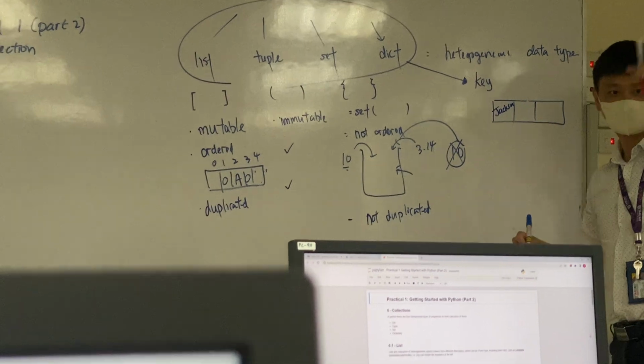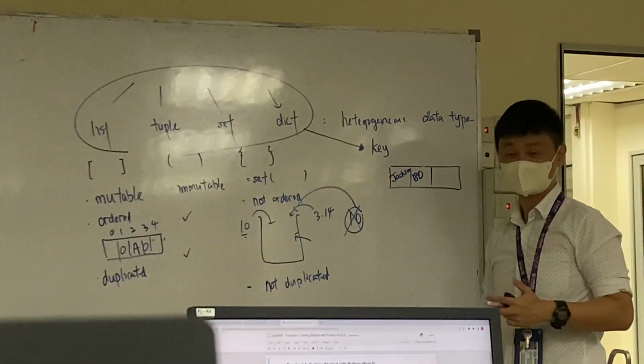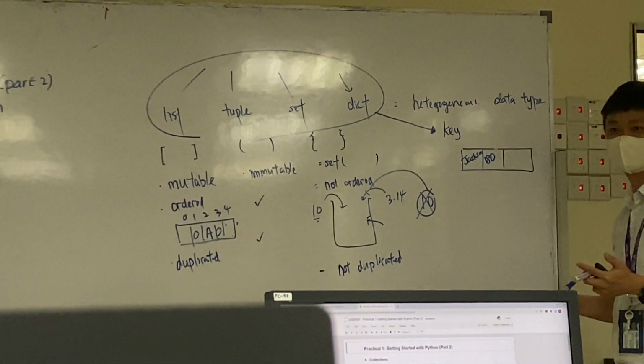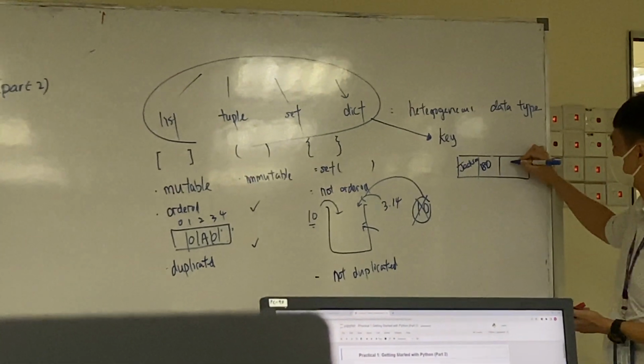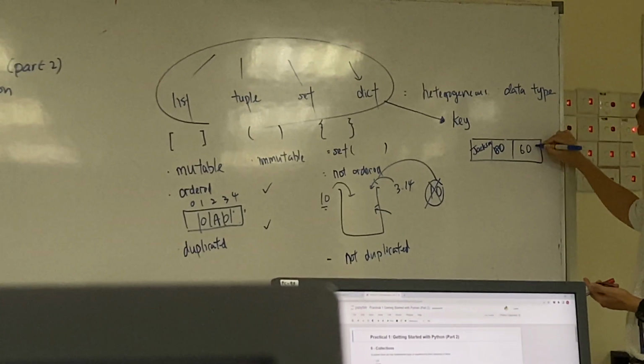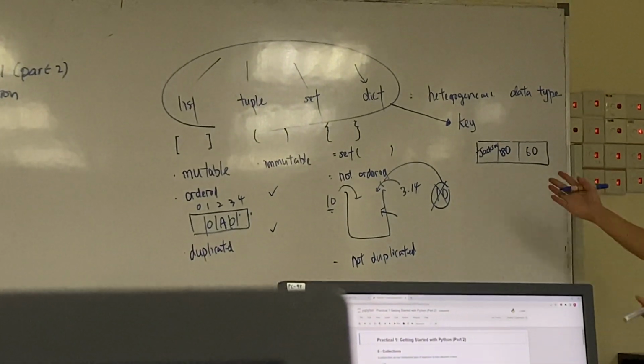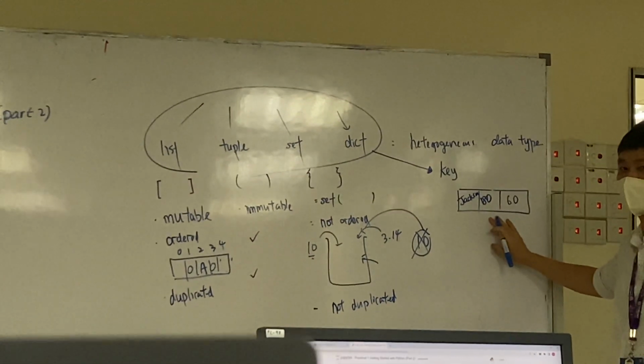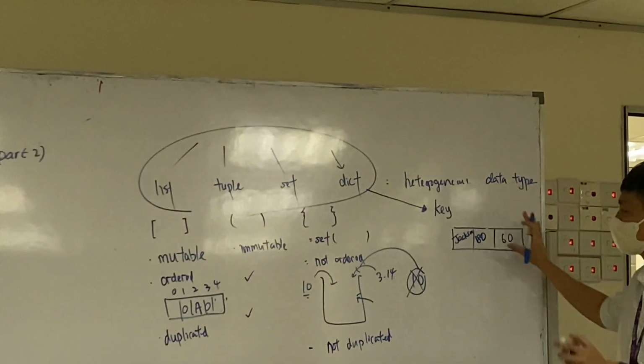Height: 180. Weight: 60. So we have three values here.